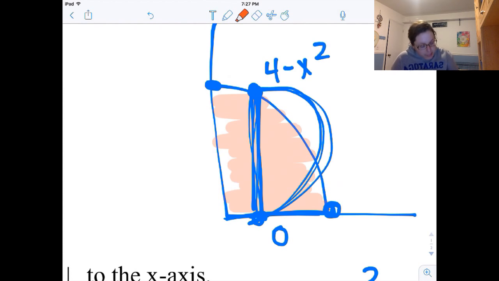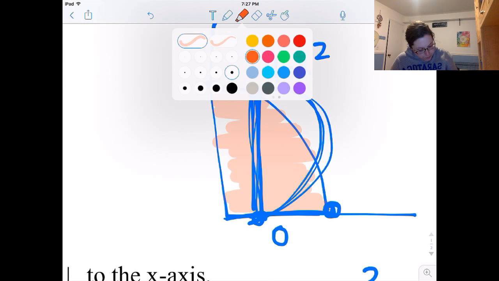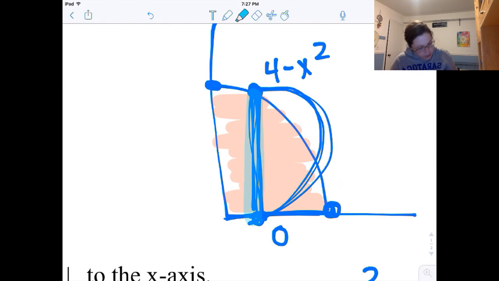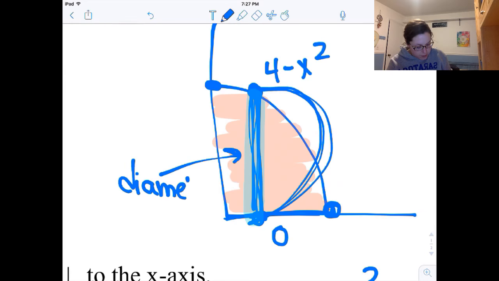This length right there is actually the diameter, not the radius. How would you get the radius? Take half of it.